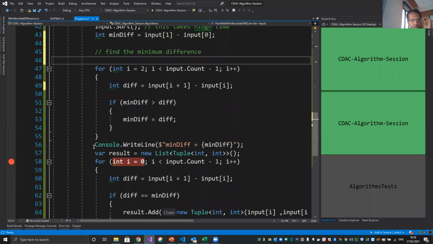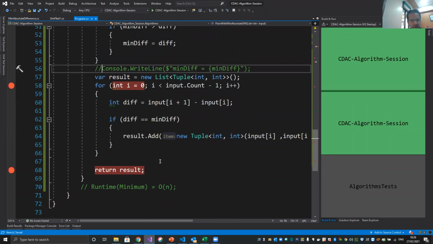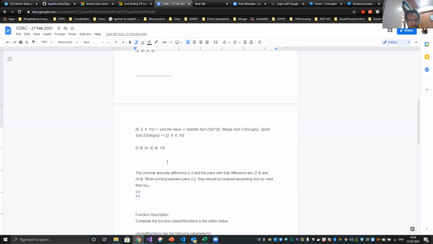Okay, and we can take this off obviously now. We're not debugging anymore. And then we've written another for loop. So if you go back to here, we got these pairs. We found out that the minimum difference is 2. And then we went over these pairs again and we checked whose minimum difference is 2.